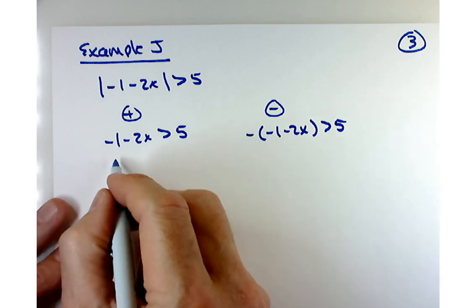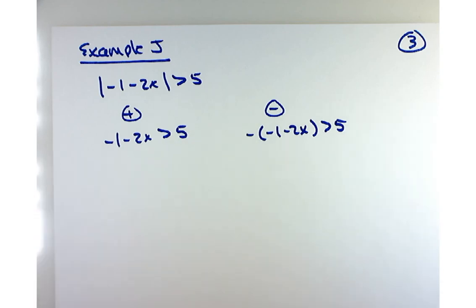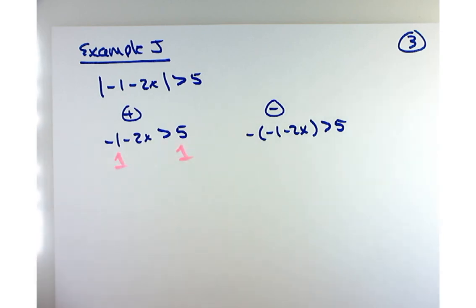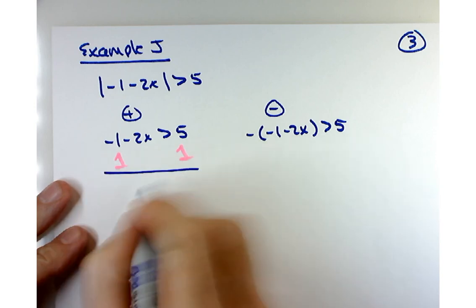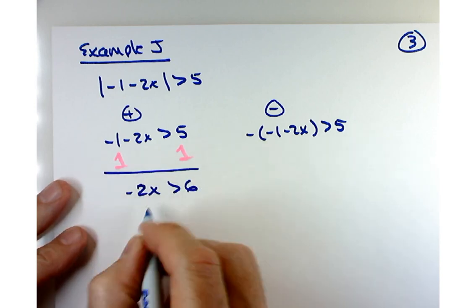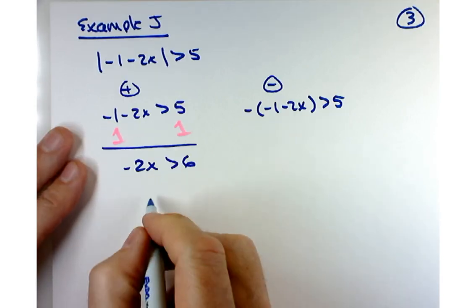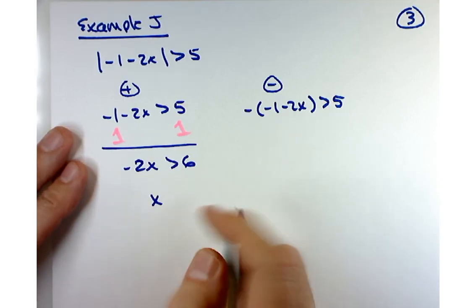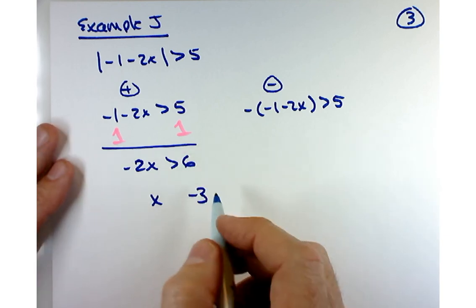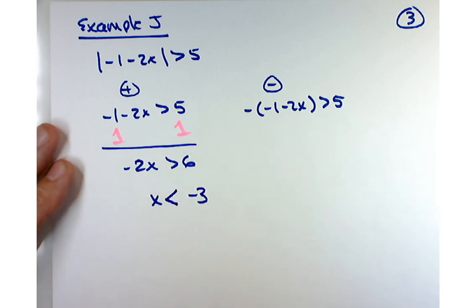For the first one, I'll add 1 to both sides and end up with negative 2x is greater than 6. To finish solving, I'm going to divide both sides by negative 2. What else happens other than getting a negative 3 on the right-hand side? Signs flip.